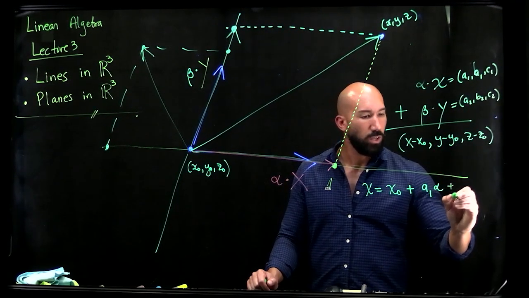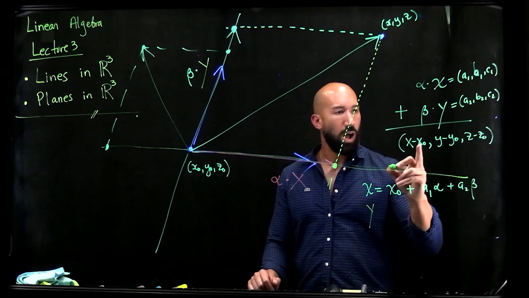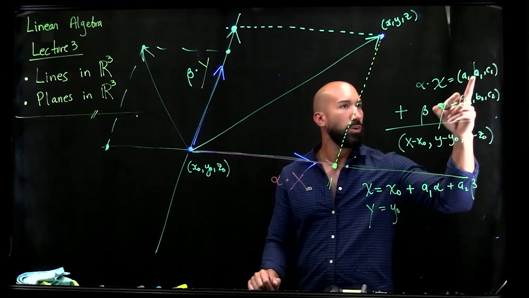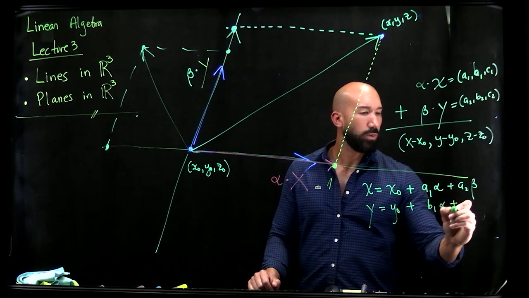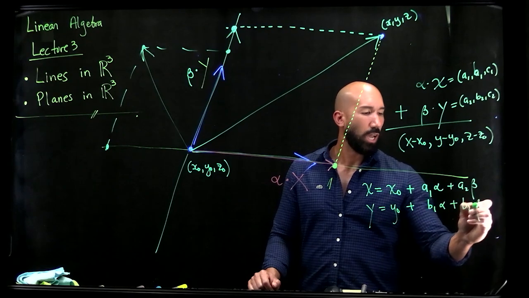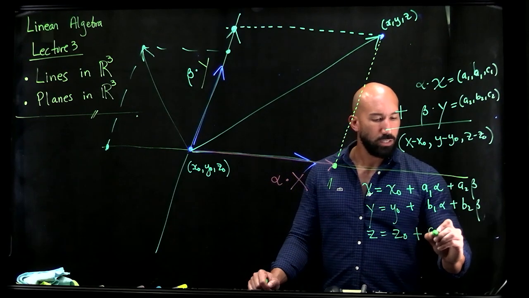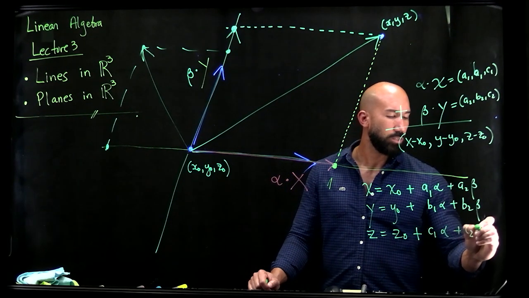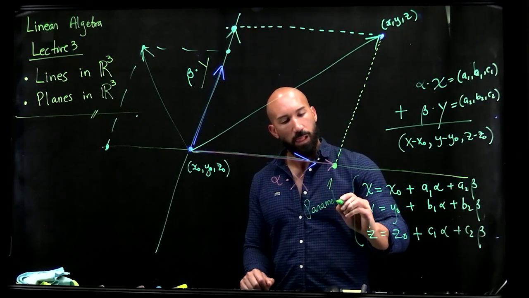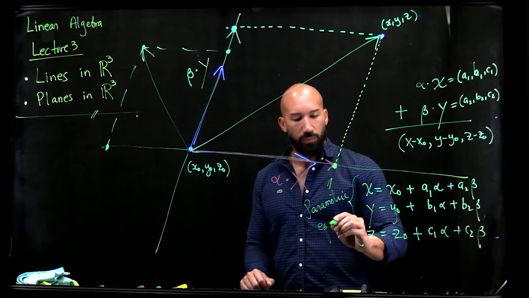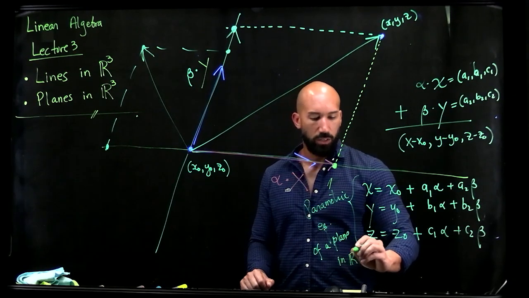So plus a2 times beta, and that for all the components. y is equal to y0 plus b1 times alpha plus b2 times beta, and z is equal to z0 plus c1 times alpha plus c2 times beta. And this is the parametric equation of a plane in R3. Is that okay?